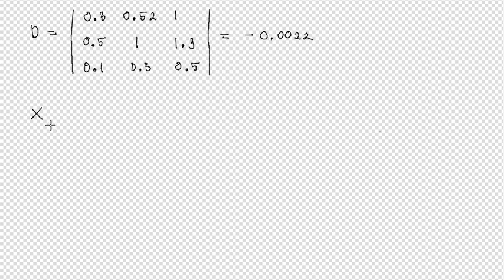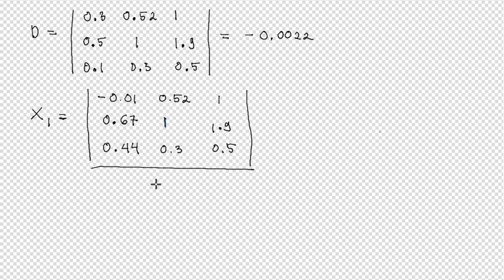What is x1? x1 is the determinant of the first constant, or c1, the second constant, or c2, and this is c3, and this is a12, a22, a32, and then this one is 1, 1.9 and 0.5.